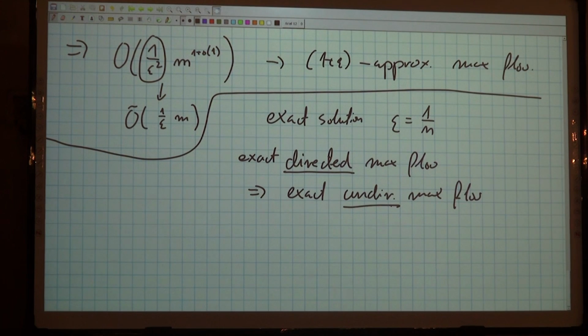You don't even have to think about directed flow. But the important thing is that this reduction only works for exact solutions. So you have to be able to solve the undirected flow exactly, and not just 1 plus epsilon approximately with a 1 over epsilon squared dependence in the running time. The good thing is that you can think about undirected flow. So the only thing you really need to do is get better accuracy.